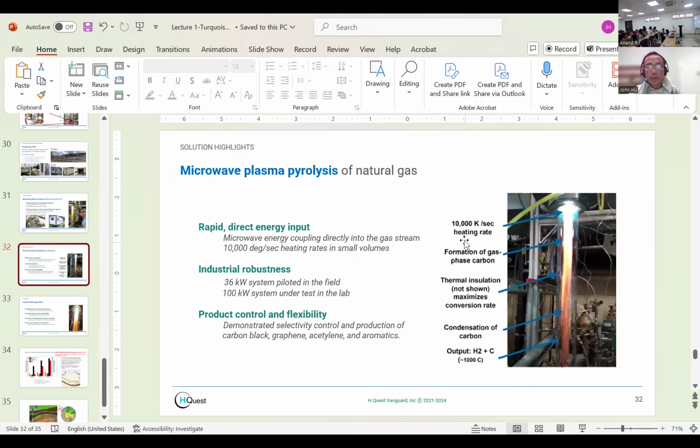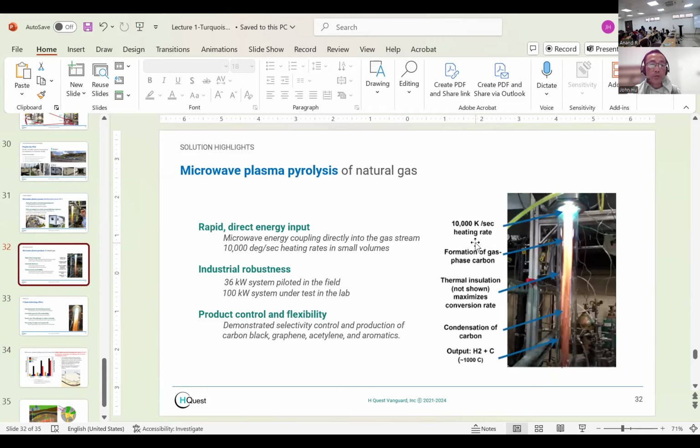So the heating rate. Remember the microwave heating rate is very high. I think the heat transfer rate is 10,000 Kelvin per second. This is the reason why, compared to conventional, microwave can handle so much gas. This is really the pilot demonstration.